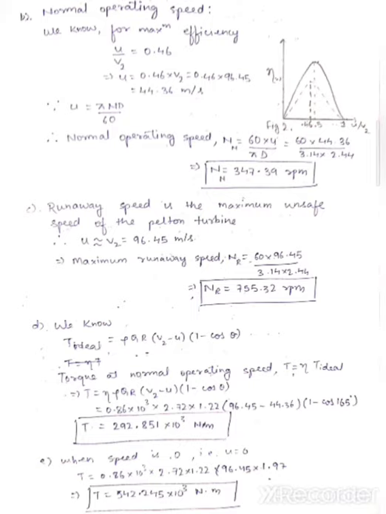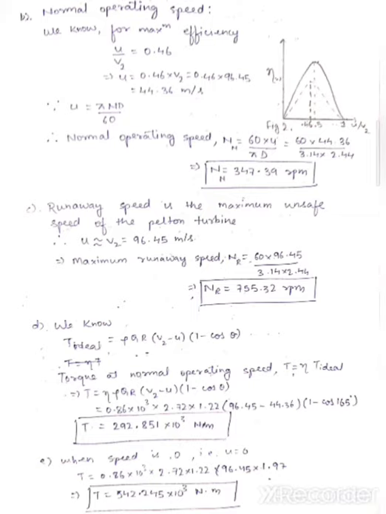When efficiency is minimum, of course, and efficiency is minimum at 2 points, when the ratio U by V2 is 0 and when U by V2 is equal to 1. If U by V2 is 0, then there will be no flow, so of course U by V2 has to be 1 for the speed to be maximum unsafe. So it implies that U will be nearly equal to V2, equal to 96.45 meter per second.